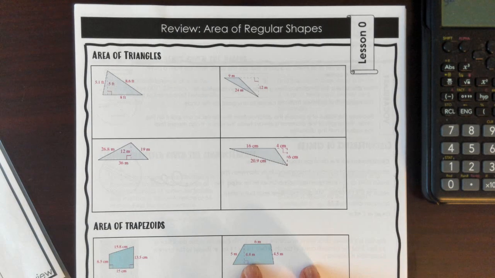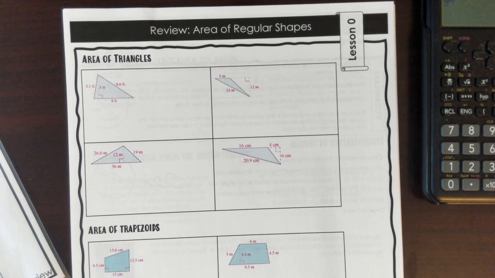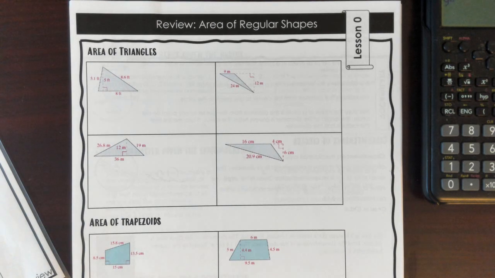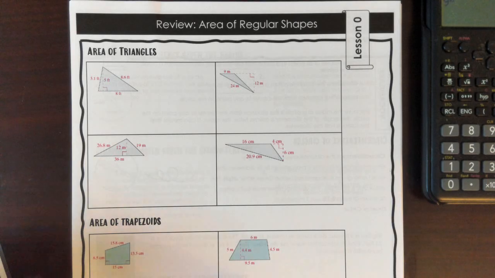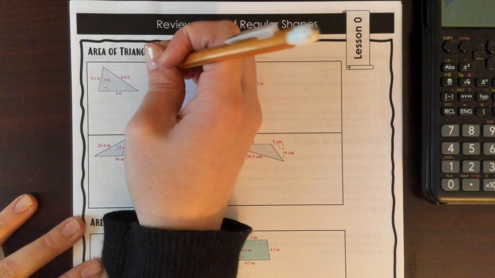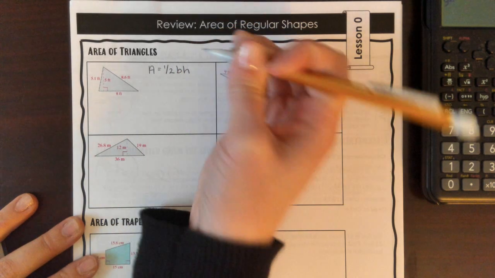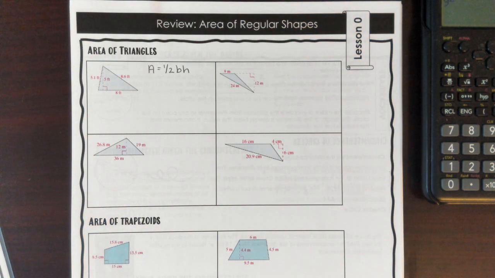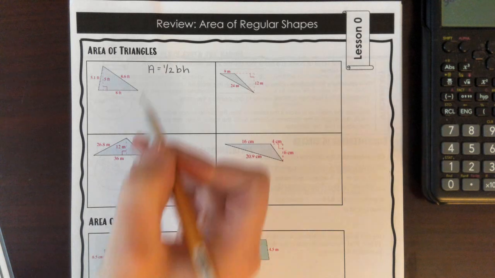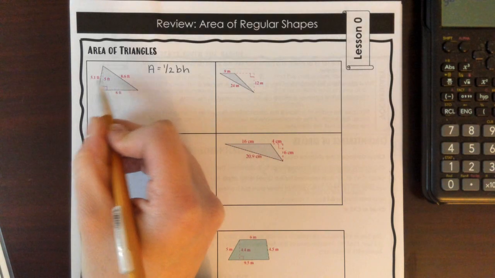And now we're going to be focused on area of triangles. So we have 1/2 base times height as our formula for an area of a triangle. Now what you see here, we only need 2 numbers, but there are 4 different numbers there.